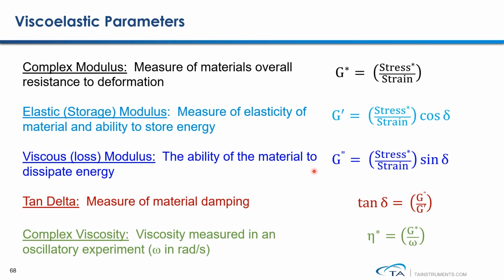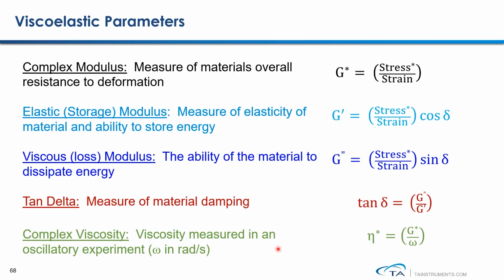Another parameter is called tangent delta. People take the tangent of the sample phase angle and use this parameter to describe the material's damping property. Tangent delta is defined as loss modulus divided by storage modulus.